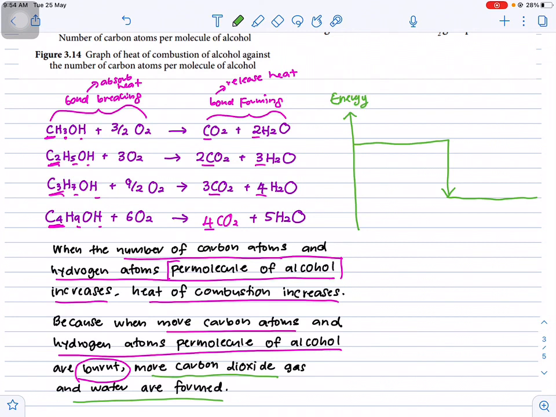Energy, so let's say we choose CH3OH plus 3/2 O2. Let's say the delta H is negative 500 kilojoule per mole, and then the product will be carbon dioxide and 2H2O. Okay, we're going to use the same pattern of energy level diagram.